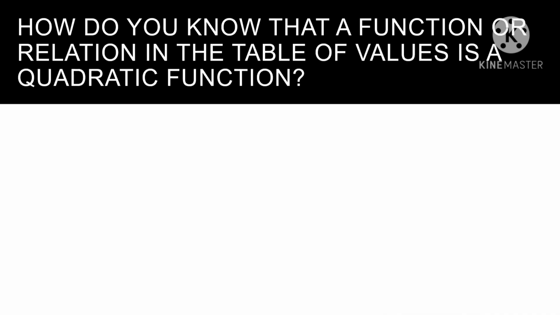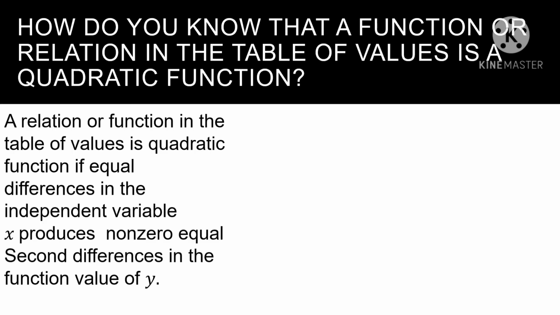How do you know that a function or relation in a table of values is a quadratic function? A relation or function in a table of values is a quadratic function if equal differences in the independent variable x produce non-zero equal second differences in the function value of y.